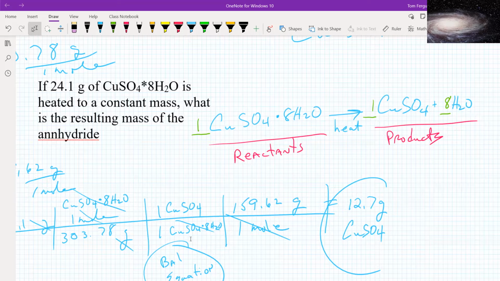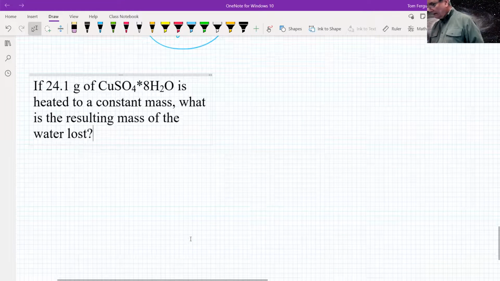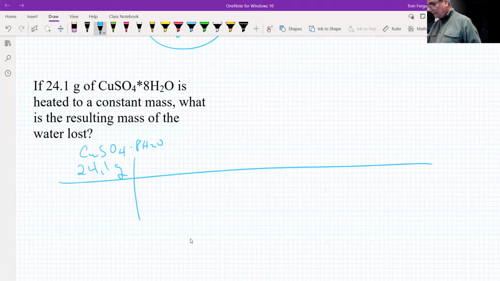This time we're talking about the water, which is an 8, not a 1. So we're going to start with, and this was 303, wasn't it?